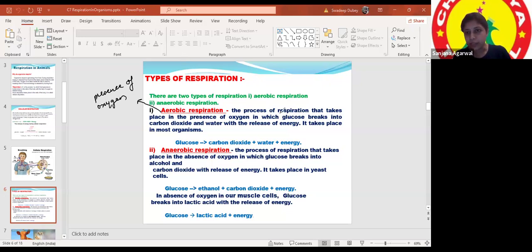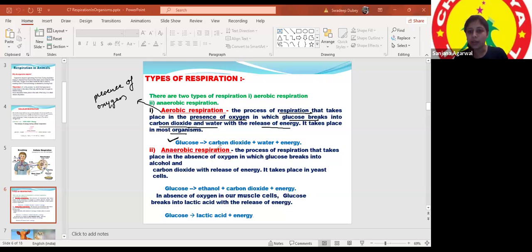It is the process of respiration that takes place in the presence of oxygen, in which glucose breaks into carbon dioxide and water with the release of energy. Three byproducts we have: carbon dioxide, water, and energy. It takes place in most organisms. We'll see later how many organisms undergo aerobic respiration. That's the general equation. Okay.